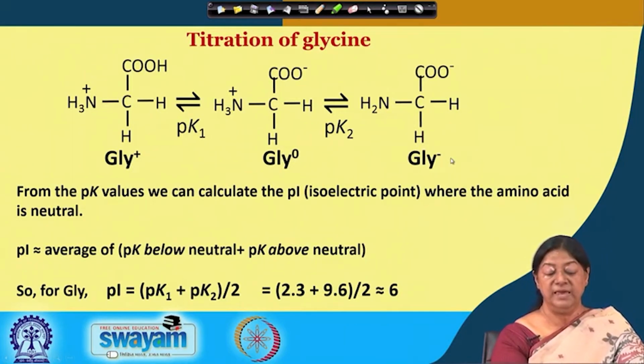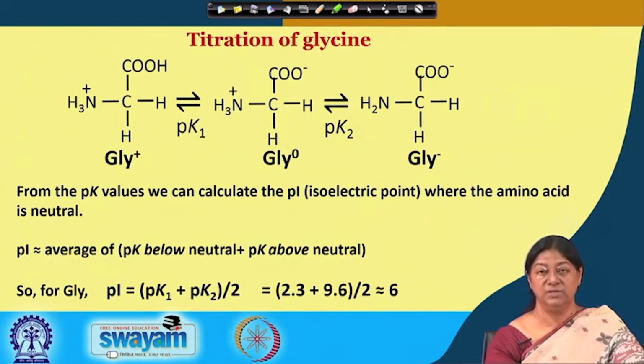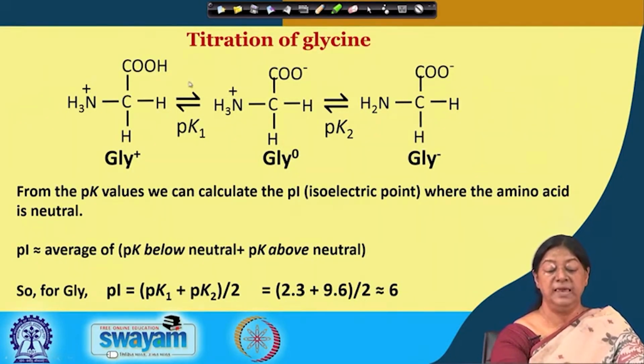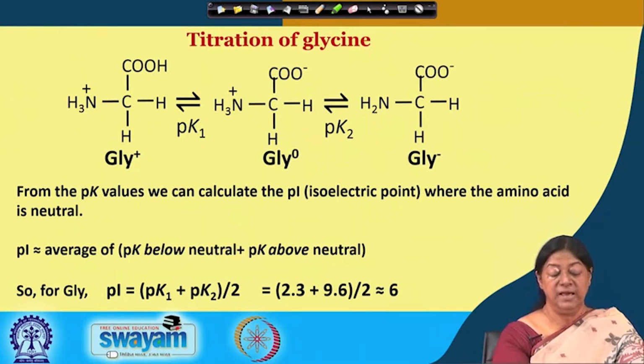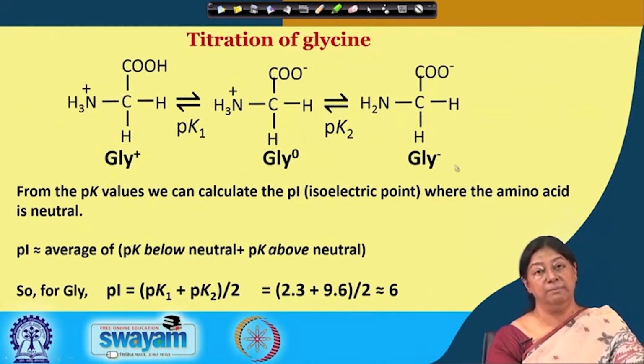Now the pK values responsible for the changeover from +1 to 0 to -1, the average of those pK values determines the Pi of the amino acid. For example, for glycine, the Pi is going to be the average of the pK below neutral and the pK above neutral.